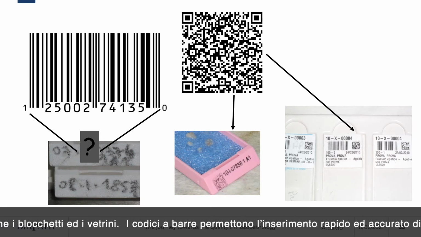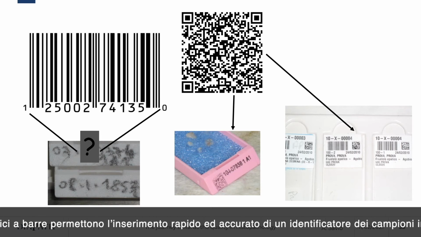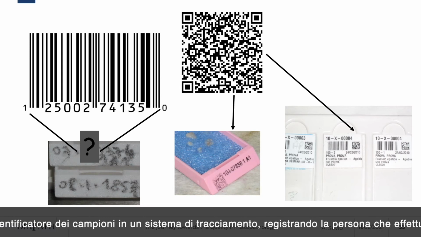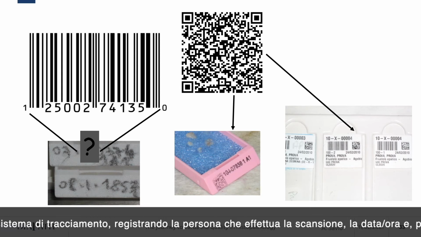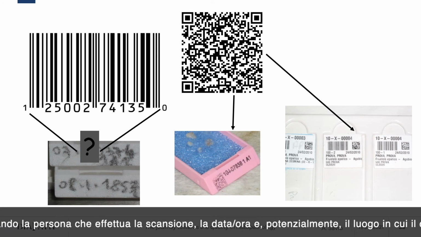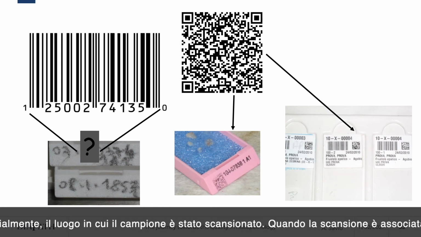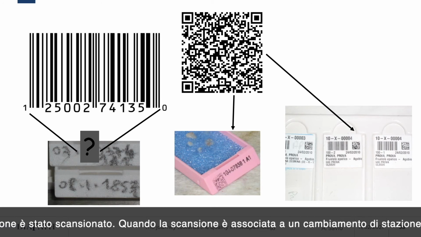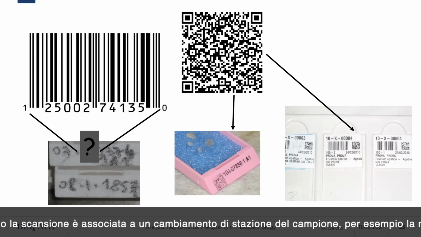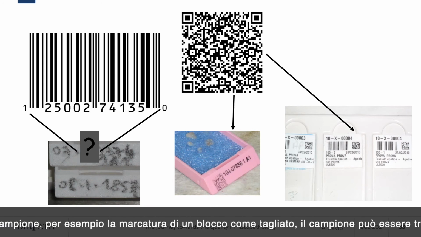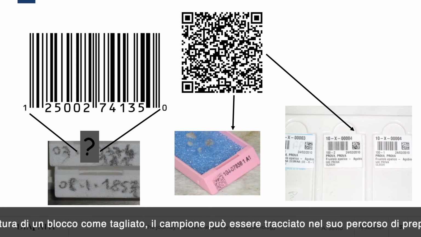Barcodes allow rapid, accurate entry of an asset identifier into a tracking system, recording the person doing the scanning, the date and time, and potentially the location at which the asset was scanned. When scanning is associated with a change in asset status, for example marking a block as cut, the asset can be tracked through its production and use in the laboratory.